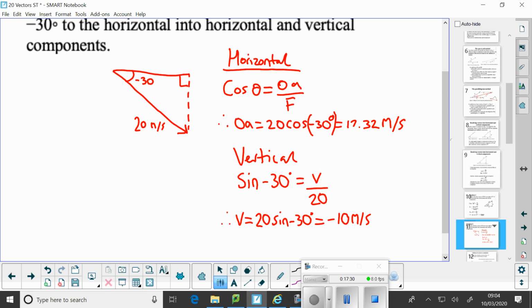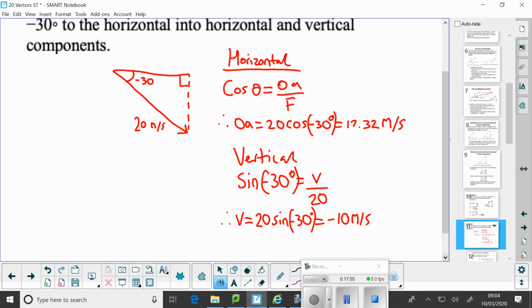Cos minus 30, which doesn't mean anything really, but it's the cosine of minus 30 degrees. Sine of minus 30 degrees.